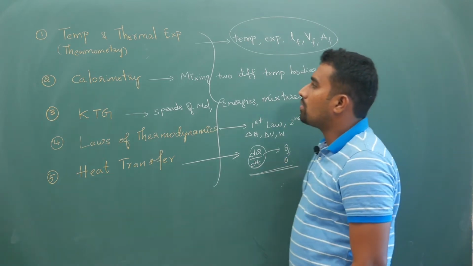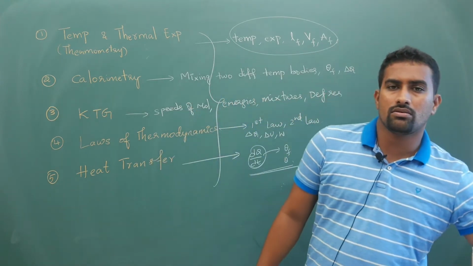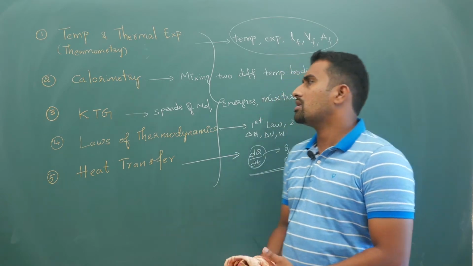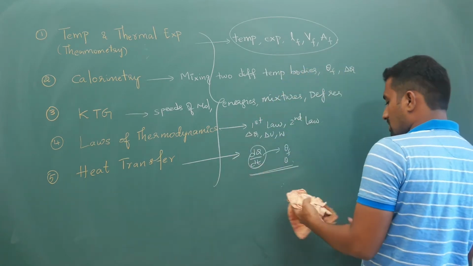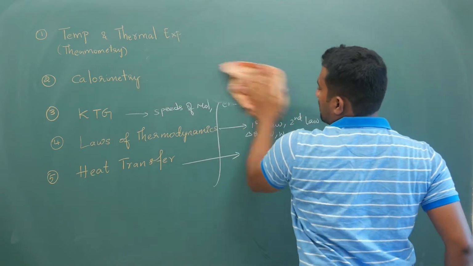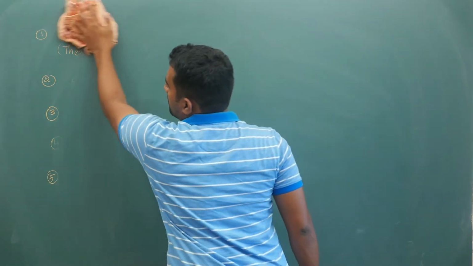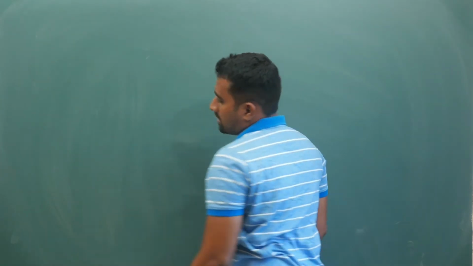So in today's first class I'll discuss only basic things. First we'll start with the meaning of heat and the meaning of temperature, and then we'll start with your thermal expansion.